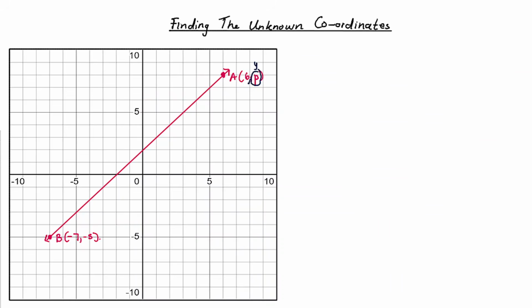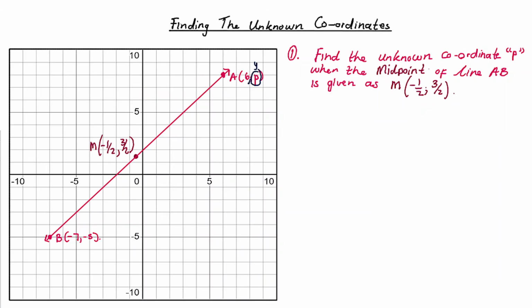So for this example, we are now given the midpoint. They want us to find the unknown coordinate P when the midpoint of line AB is given as M, minus 1 over 2, and then the y coordinate is 3 over 2. Okay, so this is our midpoint.